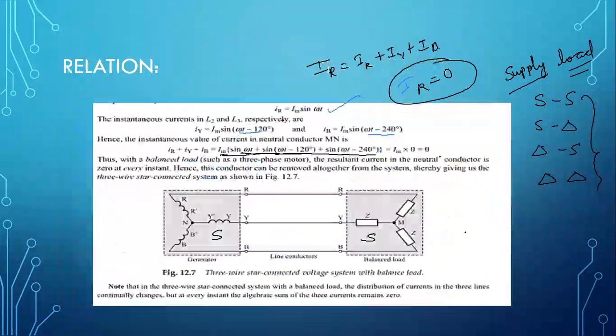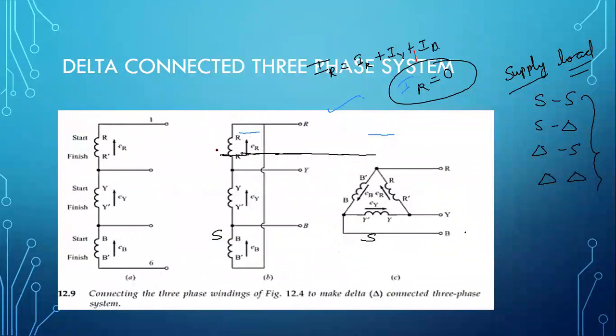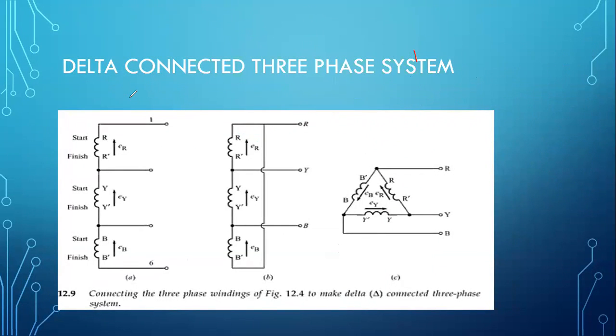Now, this was about the star connection. Let's talk about delta a bit, and then we'll go to the comparative study between star and delta.